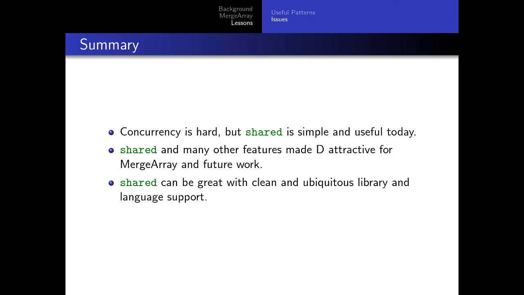And I think that shared could be a really great feature, greater than it is, if we can clean up some of these issues with casting and library compatibility, and have that supported where it needs to be supported in all different parts of everything.